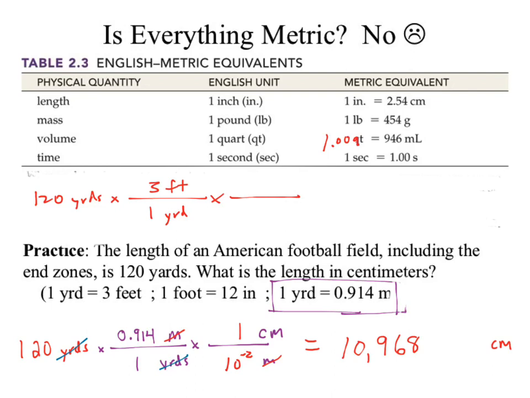I did the same thing, and then I went 12 inches over 1 foot, and then 2.54 centimeters over 1 inch. Right? Inches cancel. Feet cancel. Yards cancel. What would we have for a unit as an answer? Centimeters. We enter that into the calculator and we get 10,900 and go away.